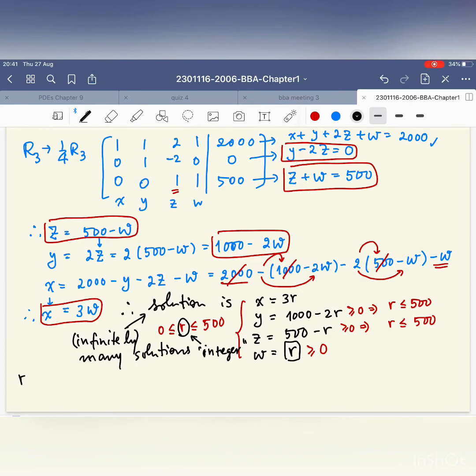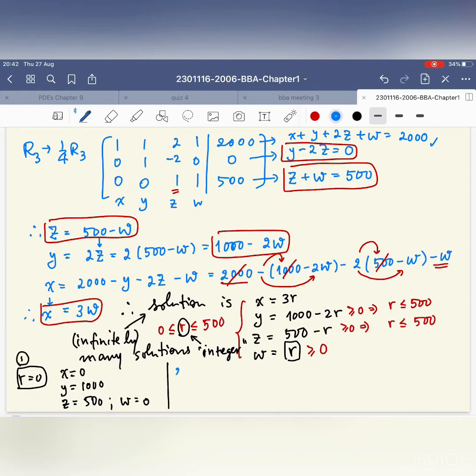So for example, if your r is 0, you are going to get your x to be 0, your y to be 1000 bags, your z is 500 bags, and your w also 0 bags. Okay, so this is one set of solution that can happen.